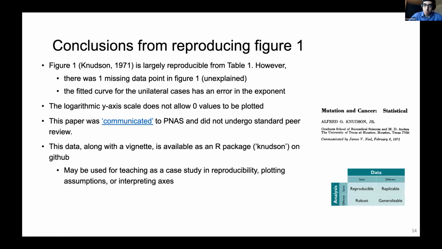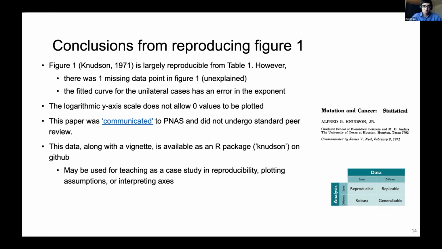So from my efforts to reproduce this figure, I've concluded that it's possible to largely reproduce the figure, but there's this one missing data point that's unexplained. I also found that there was an error in the exponent of the stated fitted curve. Also, the question of why the logarithmic axis was used was interesting.